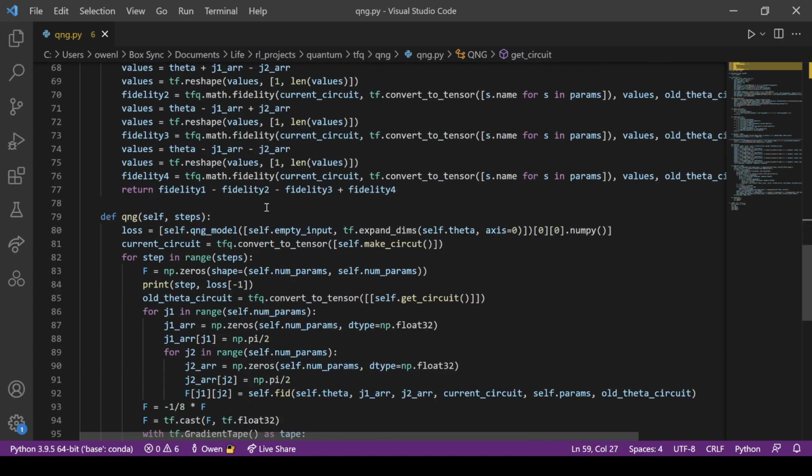So now we get into the more complex part, quantum natural gradient. We keep track of the loss by doing the controlled parametrized circuit and just giving it the input theta and telling it, what's the output of this.